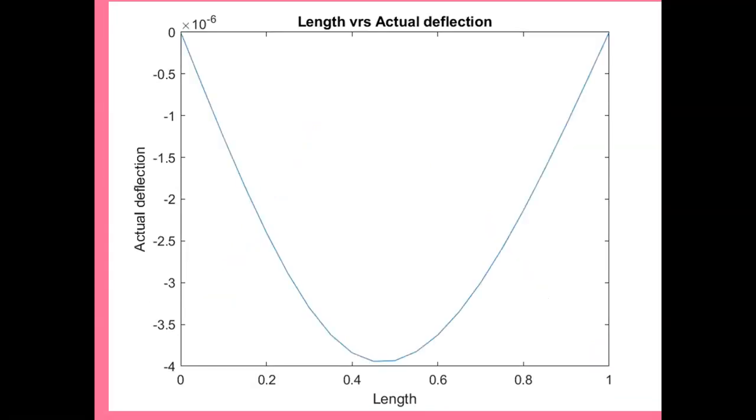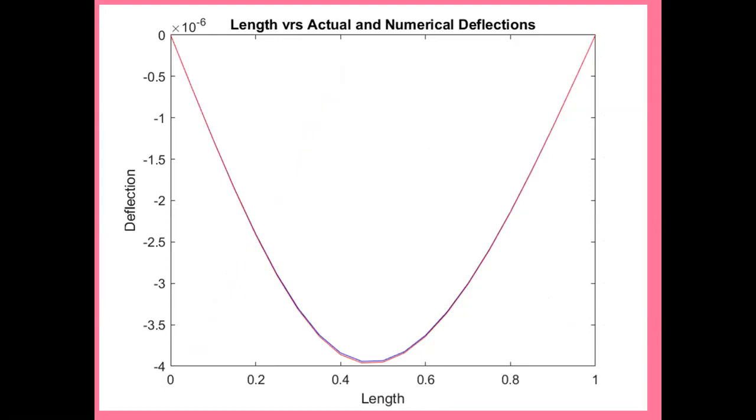Now this is length versus actual deflection of the beam. We have two plots over here, one in blue and one in red. One of the plots represents the actual deformation of the beam obtained using the exact analysis, and the other represents the solution obtained using the finite difference.